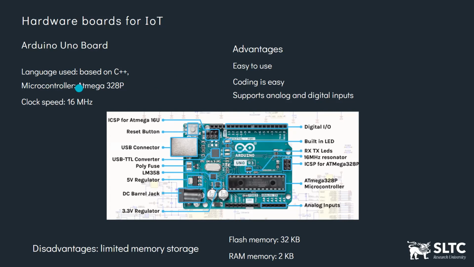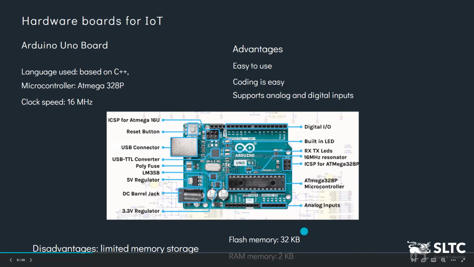And the microcontroller used in there is ATmega328P and so on, right? The clock speed is about 16 megahertz, and the Arduino is good for many things, but one main disadvantage is that it has limited memory. That means its memory is in kilobytes.